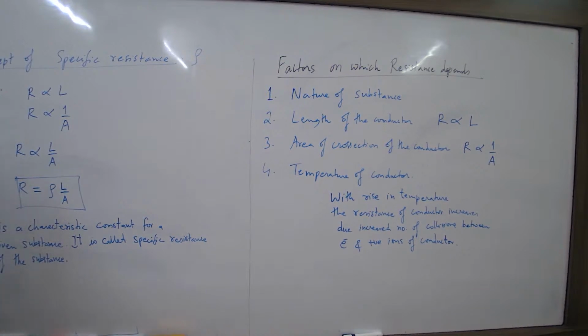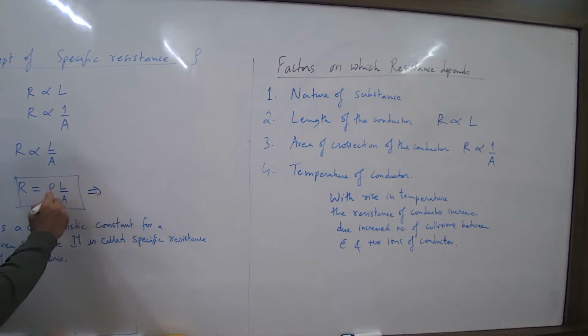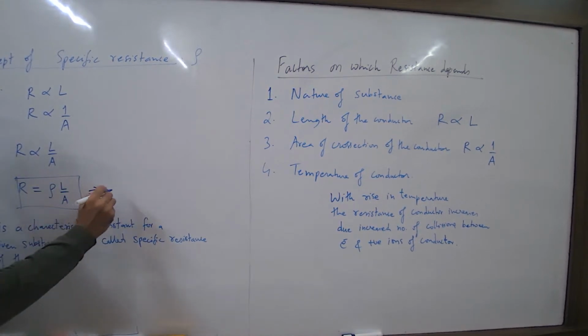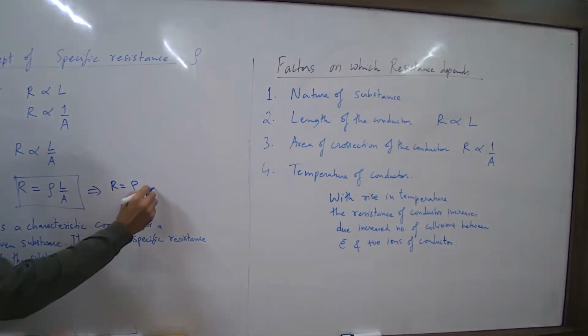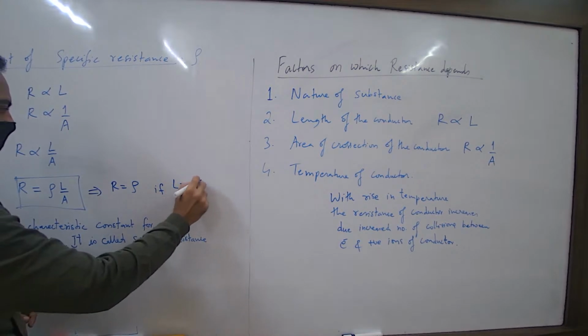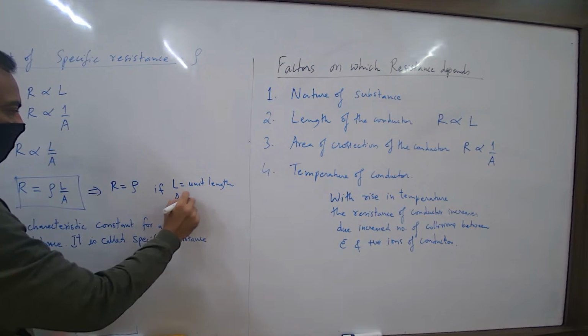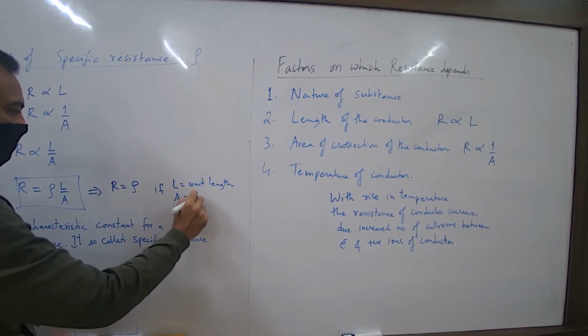Okay? Why? See, what is specific resistance? If I take L equal to 1 and A equal to 1, then R is equal to rho, if L is equal to unit length and A is equal to unit area of cross-section.